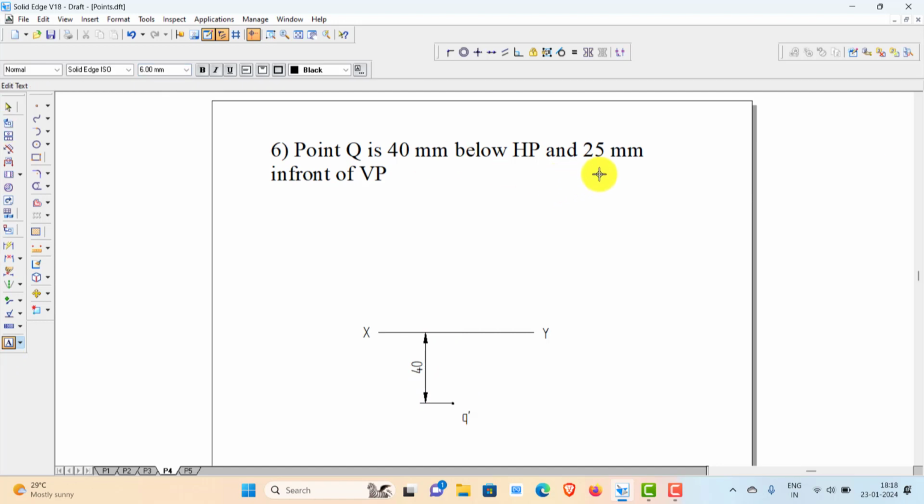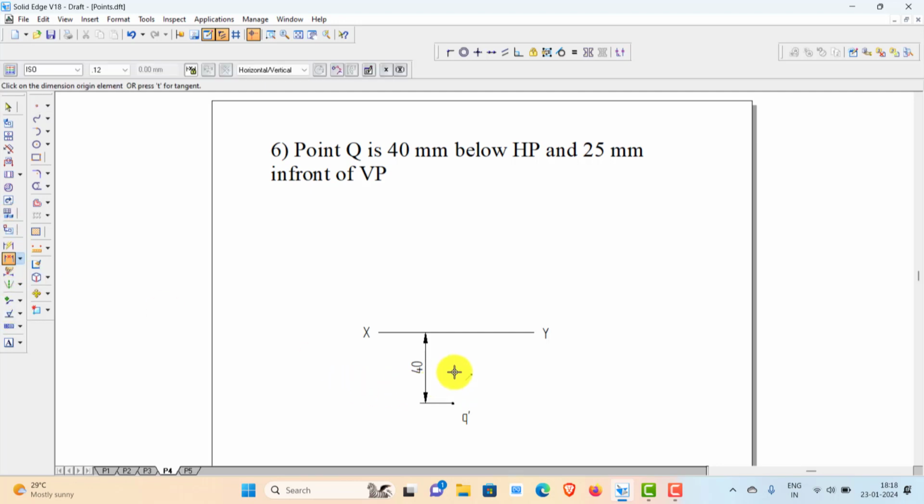Now it is also 25 mm in front of VP. In front means you should interpret below. Top view is below. It's the distance from VP when it is in front. The top view is below XY line. So you should mark the point below XY line, but it should be on the same line. So I just mark a point on the same vertical line, then adjust the distance.